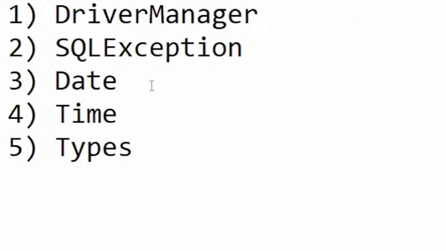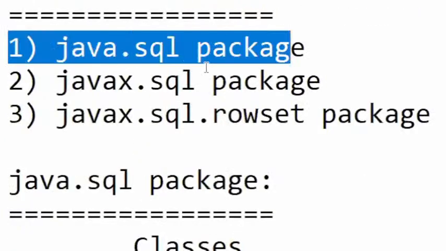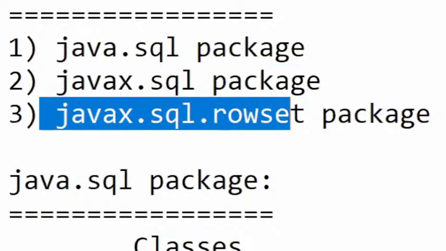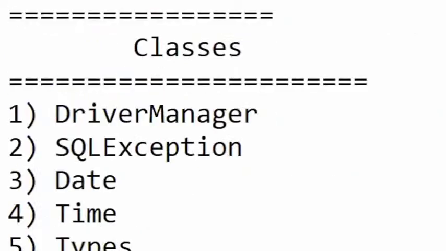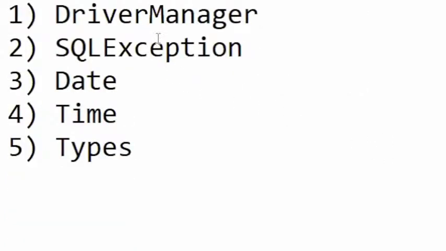JDBC API is a Java API. It is the Java library. In that, 3 packages are there: java.sql, javax.sql, javax.sql.rowset. The remaining later. Presently java.sql, the first package. In this package, 5 classes and 10 interfaces are there.